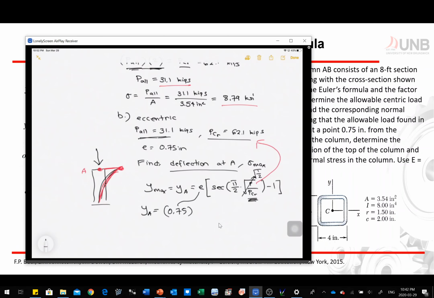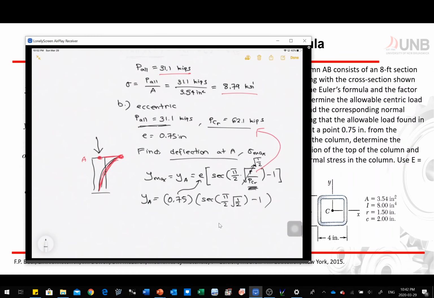Your 0.75, that's your E, times secant of pi over 2 times square root of 1/2, minus 1. So it's just putting all the numbers in your calculator, and then you will get y sub A is equal to 0.939 inch.